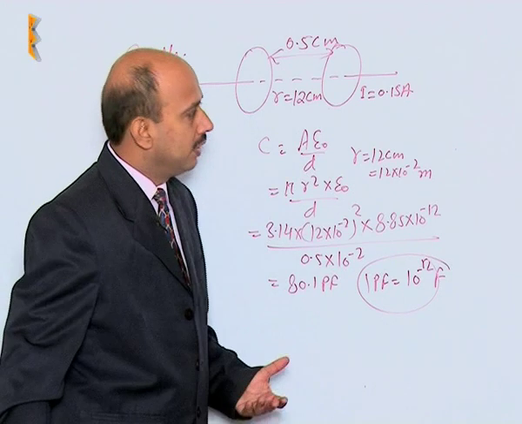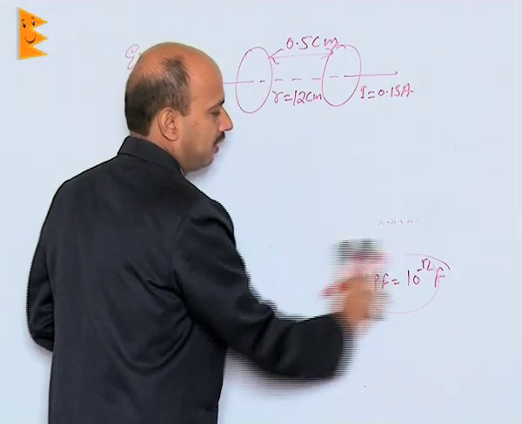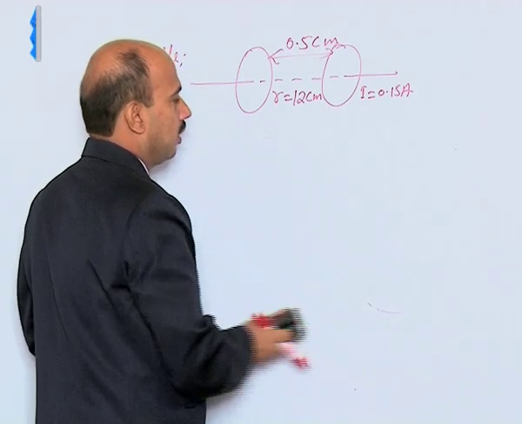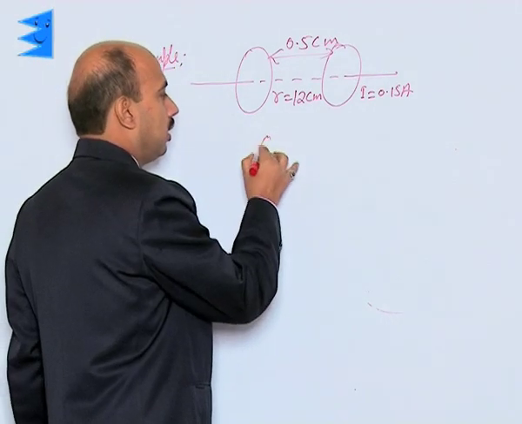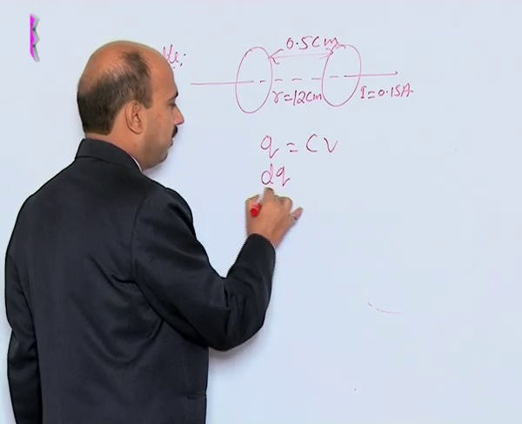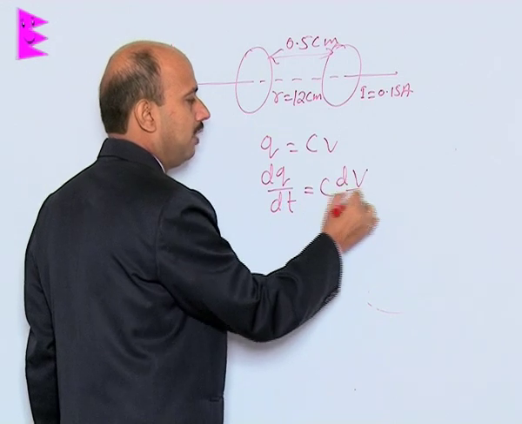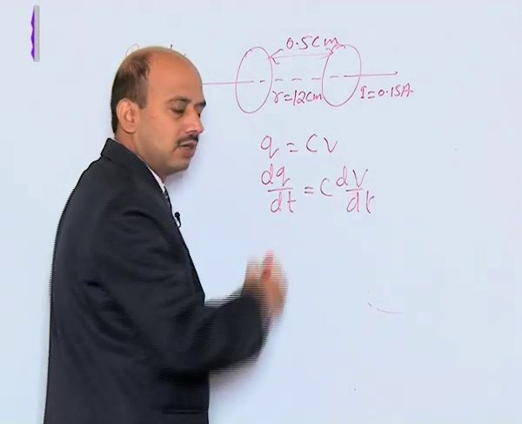Now, we have to calculate the rate of change of potential difference between the two plates. So, we know Q is equal to C into V. We can differentiate it: dQ upon dt is equal to C into dV upon dt, where V is the potential difference.